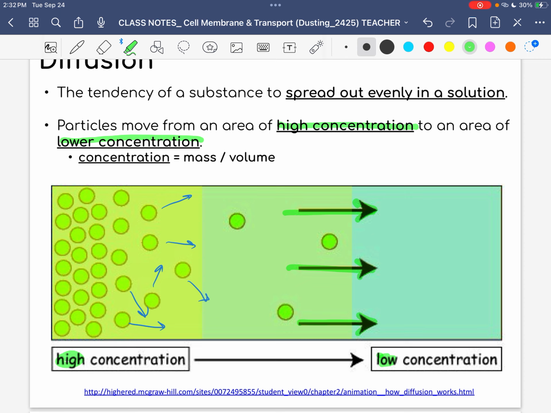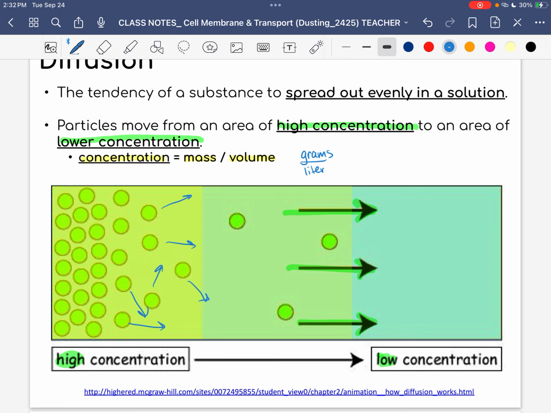And just as a reminder of what concentration is, sometimes we forget what that is. Concentration is usually defined as a mass over a volume, right? So usually we might talk about concentration in terms of grams per liter.